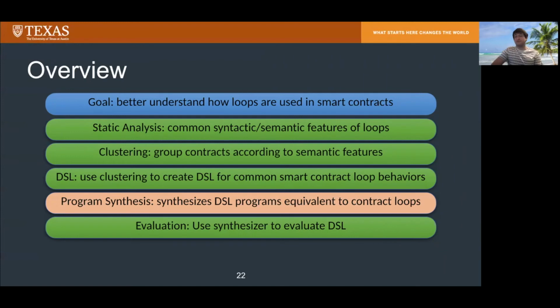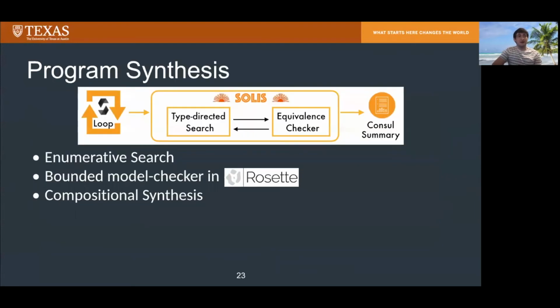We now briefly explain our synthesis toolchain, which we use to synthesize console summaries. Our synthesis toolchain, Solus, takes a solidity loop as input and produces a console summary as output. In order to do this, it uses enumerative type-directed search to iteratively propose candidate console summaries, that is programs, until the correct summary is found or a time limit is reached.